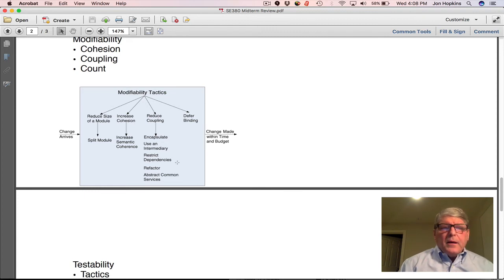And then we also talked about reducing the size of a module, splitting it into smaller parts to make it more manageable. We also talked about deferring binding, and this is our spectrum of binding, where we think about going from very early binding to later binding. The later the binding it is, the easier it is to change things, but it's more expensive and potentially interferes with our performance.